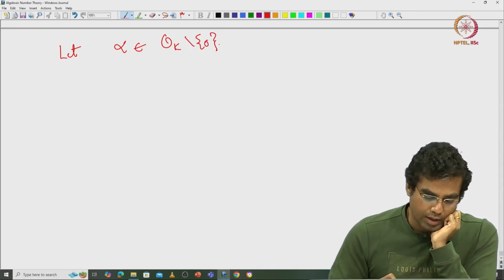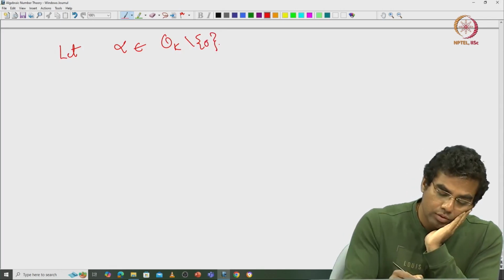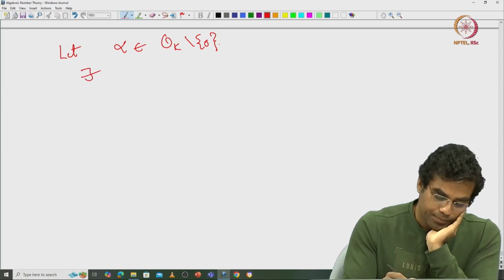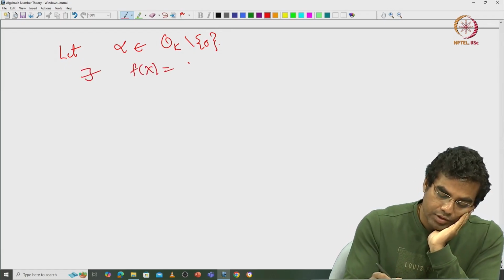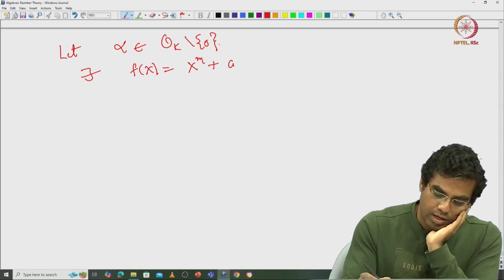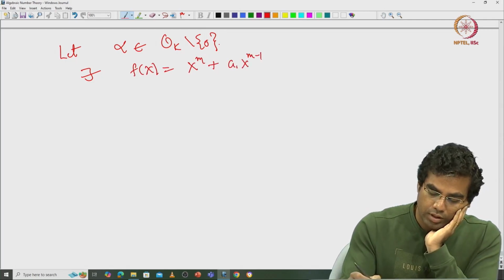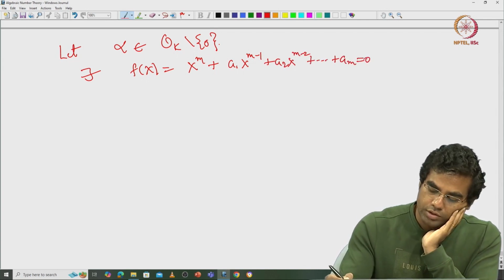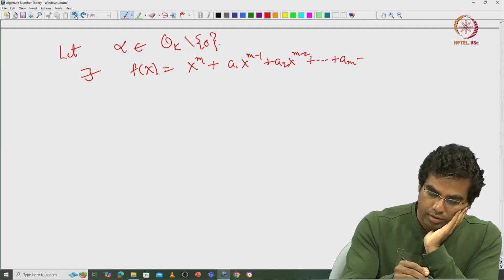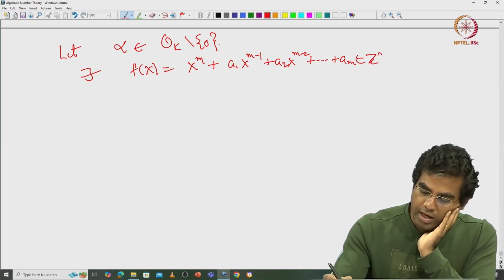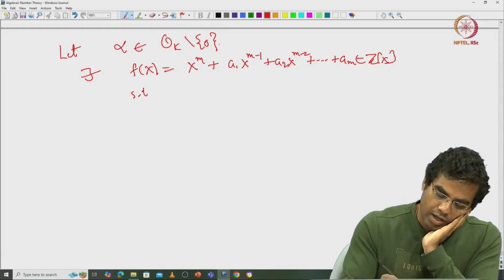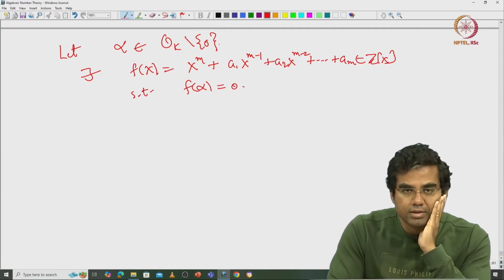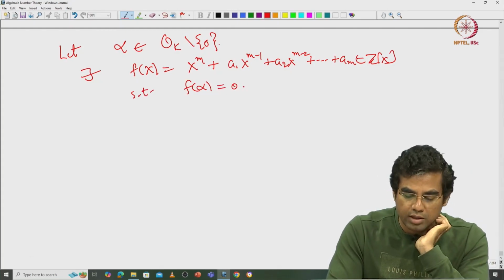So, we can use that and that is what we are going to do. So, there exists f of x which is x to the m plus a1 x to the m minus 1 plus a2 x to the m minus 2 and so on up to am in Z[x] such that f of alpha is equal to 0, right. That is the definition of being an algebraic integer.